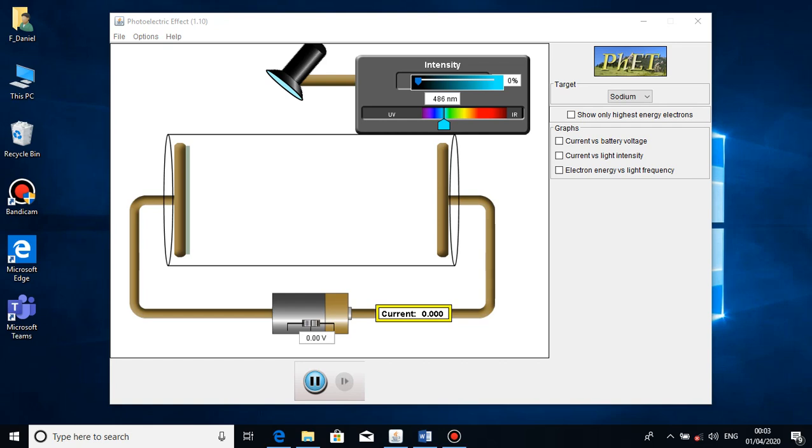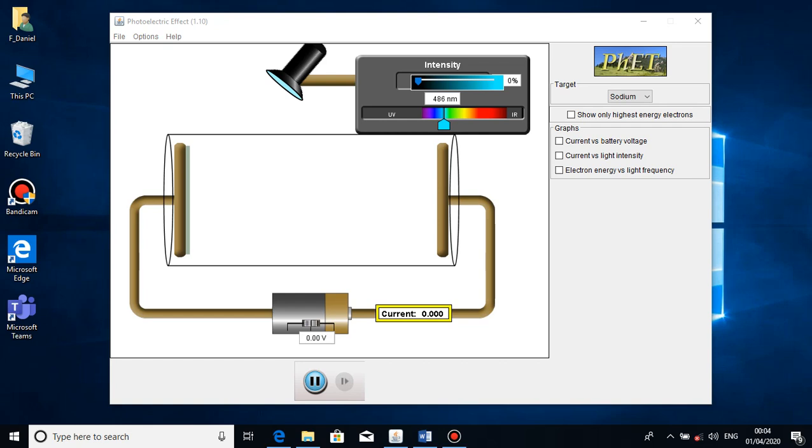What do we see? We can see sparks. The sparks mean that electrons are ejected into free space, so we are extracting electrons from the surface of this metal. And now we want to extract these electrons, but not using a hammer.